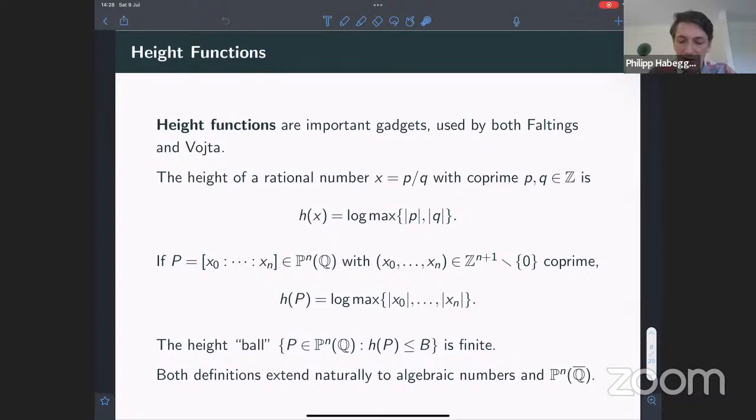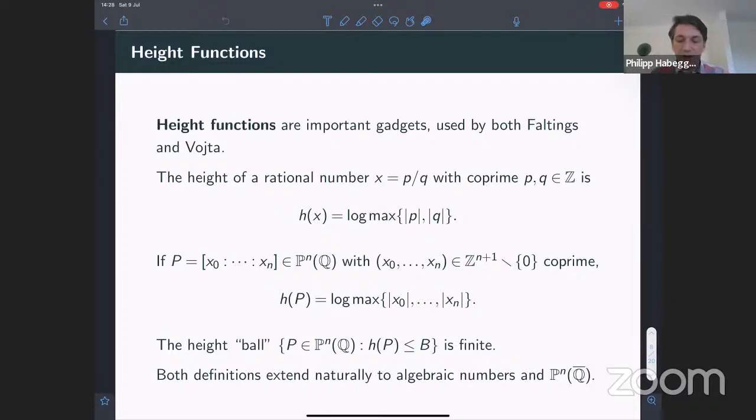The height of x is just the maximum of the numerator and denominator of x. That's all there is to it. And then for normalization purposes, we take the log. So it's about the number of bits a computer would require to save the information encoded by the rational number x, if we take the log.